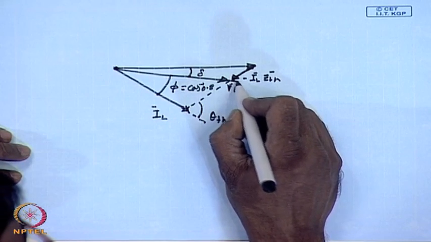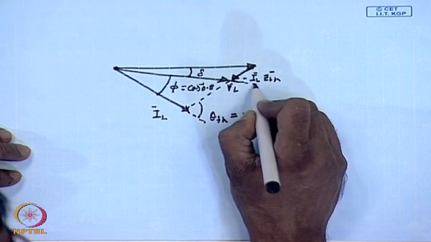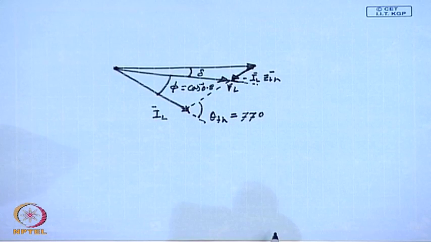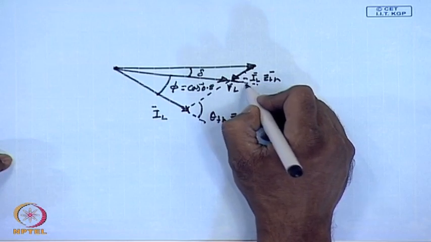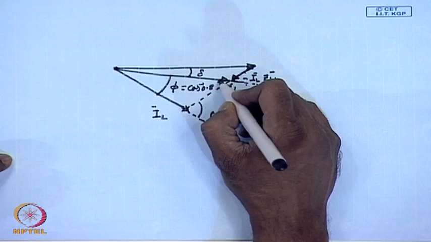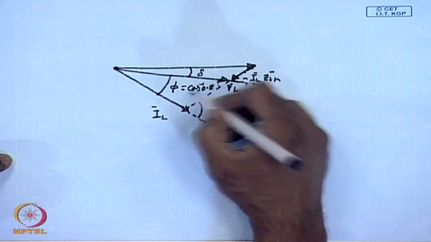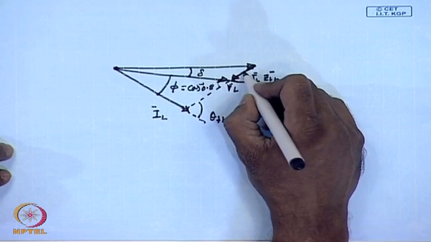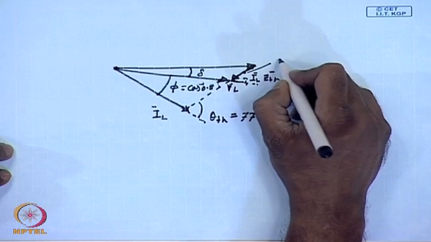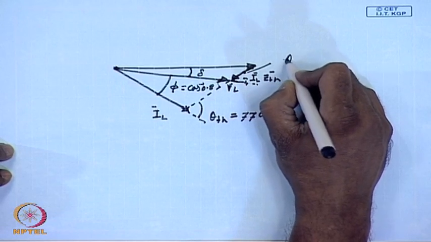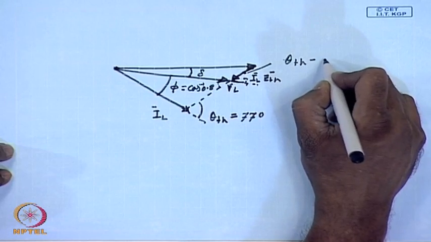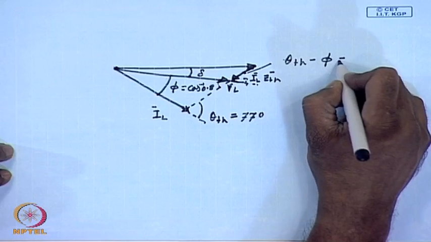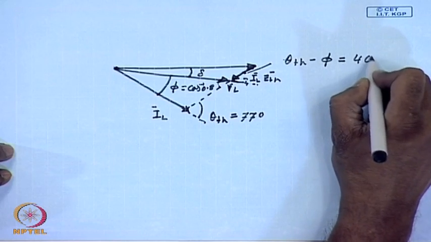Therefore, the angle between VL and IL ZTH, this angle is same as this angle, and this is theta TH minus phi. So, this angle equal to theta TH minus phi, which is equal to 40 degrees.